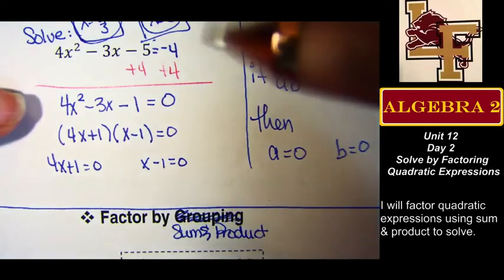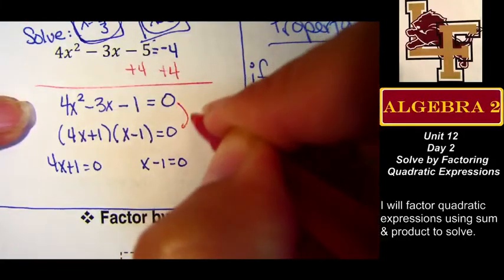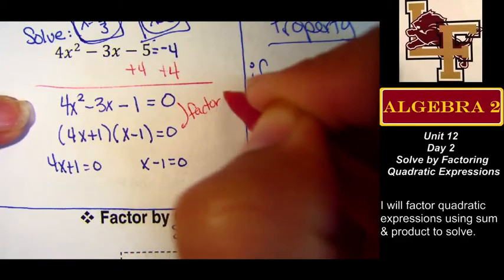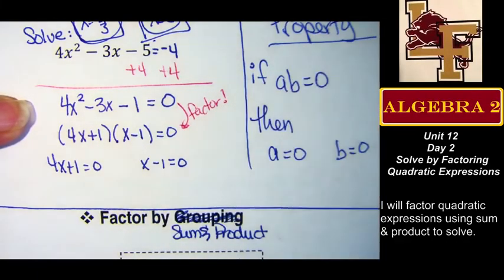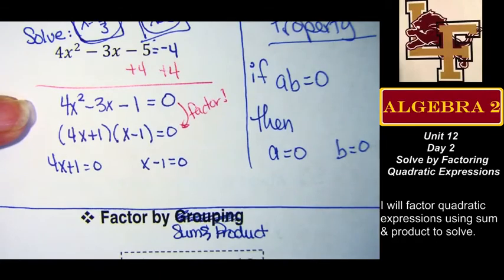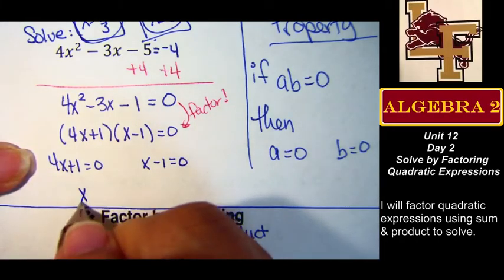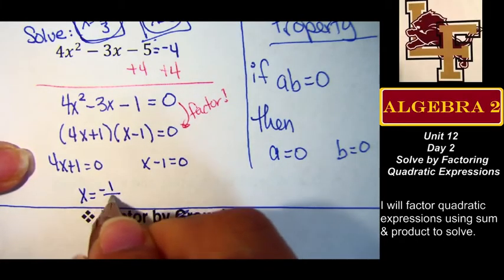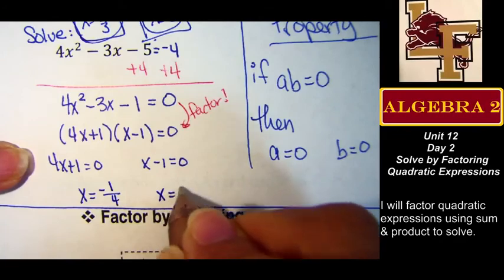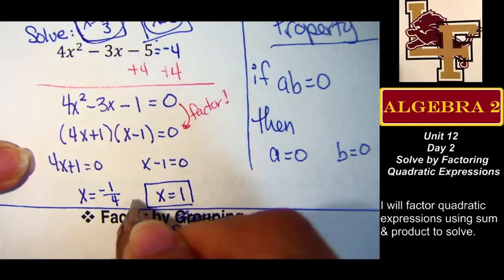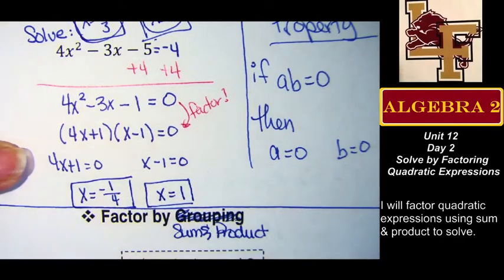Okay, so between this step and this step, we had to factor. This was me using zero product property. And then between these two steps was me solving for x. These are my final answers.